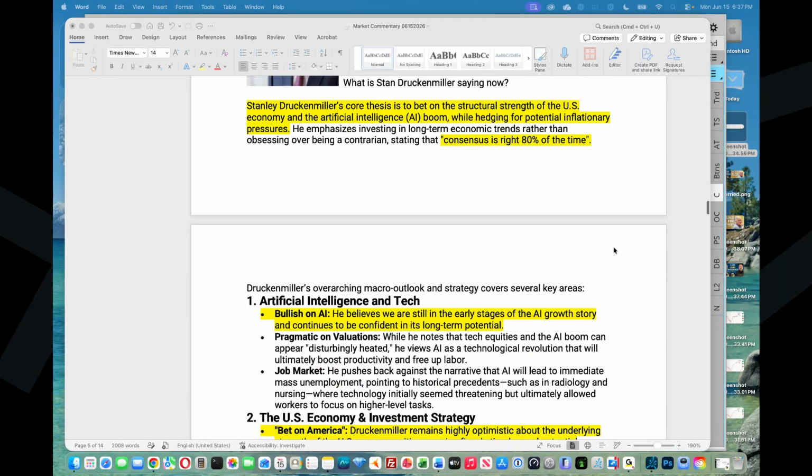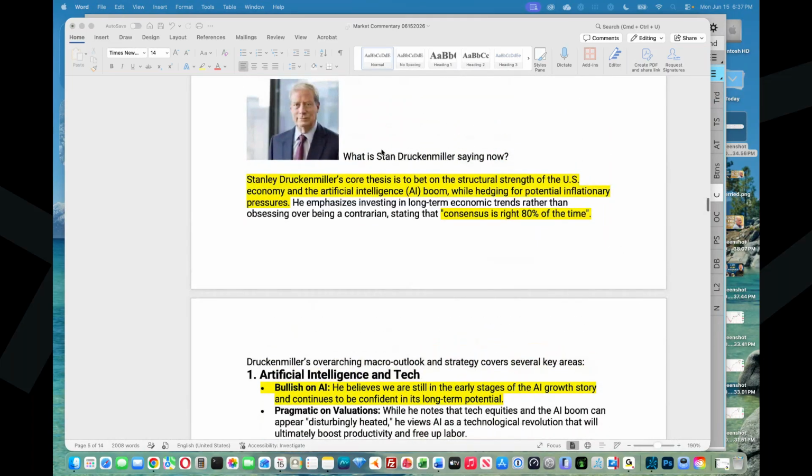If you ever get a chance to listen to Stan Druckenmiller talk about diversification, and same thing with Jim, diversification is not a strategy to mitigate risk. If you listen to both of these guys, diversification just doesn't offer real protection. Our strategy does.